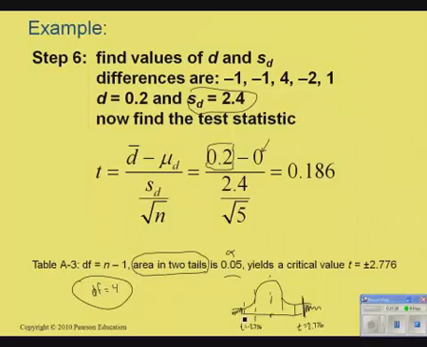Okay. So yeah, now I have to get my actual t value, right? Because what was our significance level? 0.05. Let's compare it to t of, well, 0.05 with 2 tails, right?